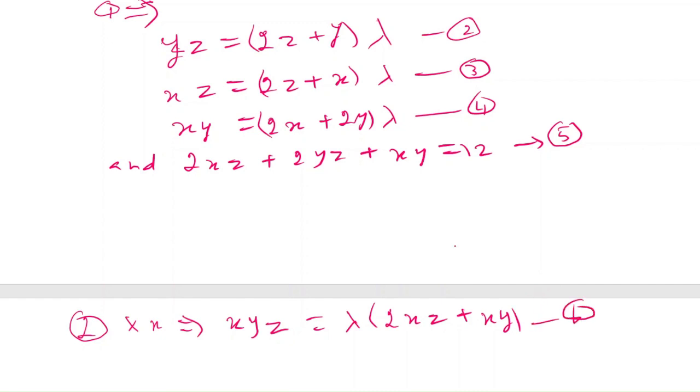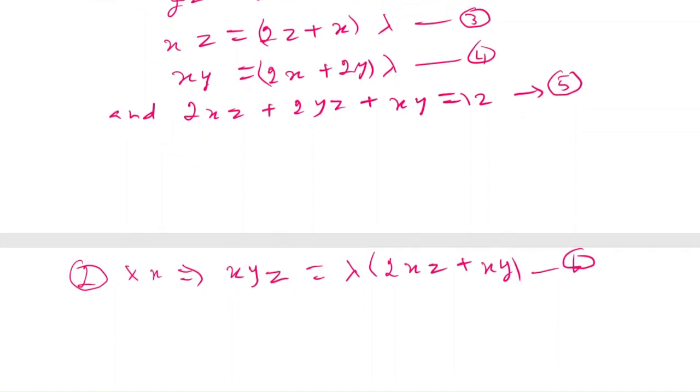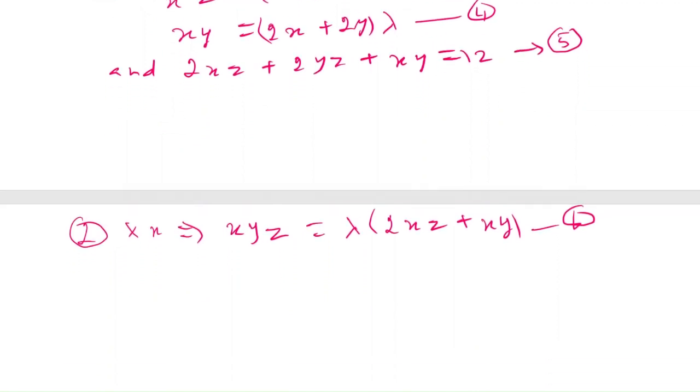Now our aim is to find out these lambda, x, y, z values. Actually we have 4 unknowns, x, y, z and lambda. Since there are 4 unknowns, we have to find them in a different way as far as possible. So for the third equation, multiply both sides of the third by y.